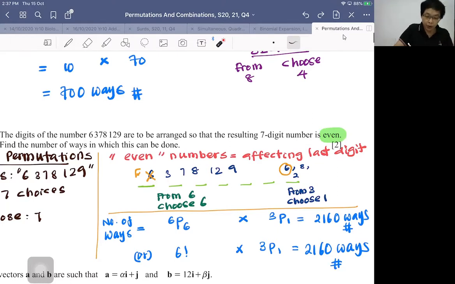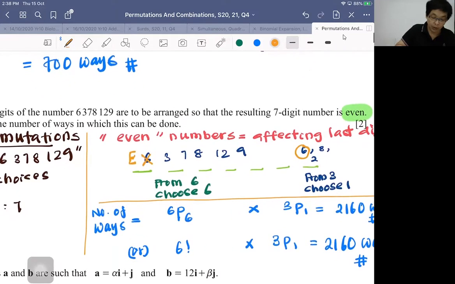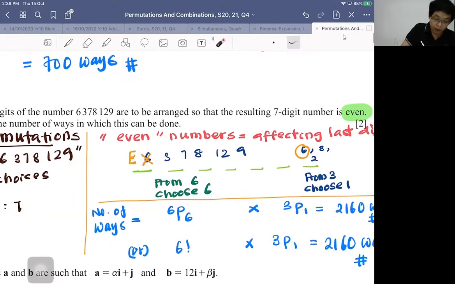So if 6 has been used for the ending, naturally it will not be able to be used for the previous digits. Therefore, you are left with 6 choices to put in there. So from 6 choices, you're going to pick 6.